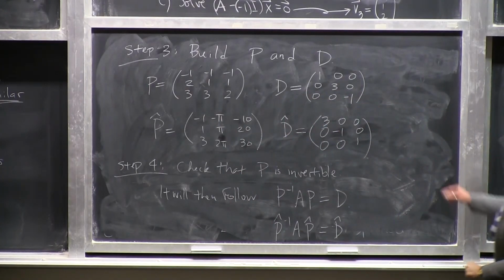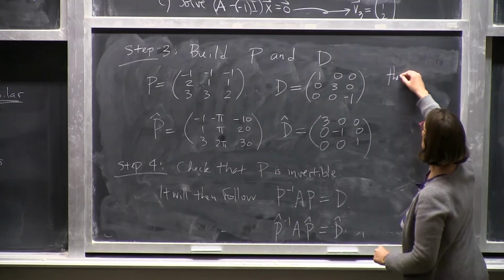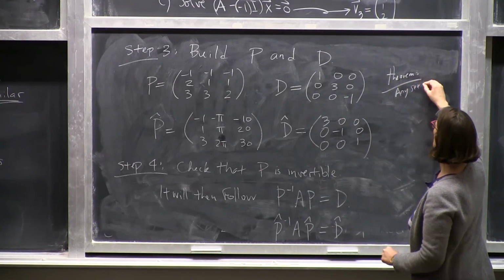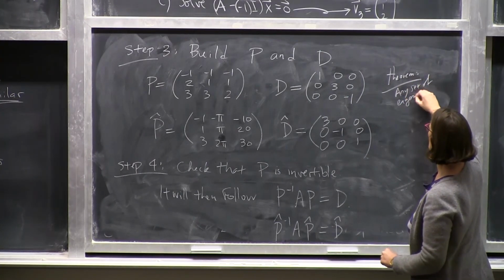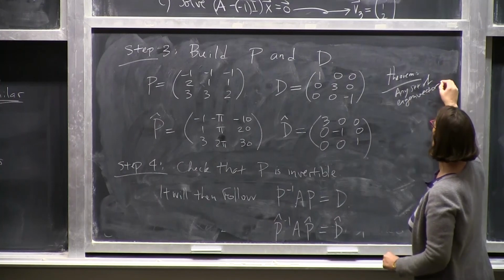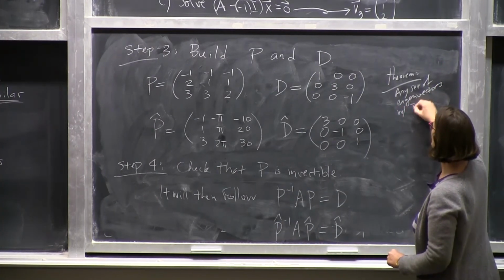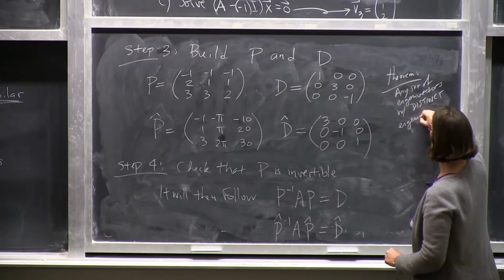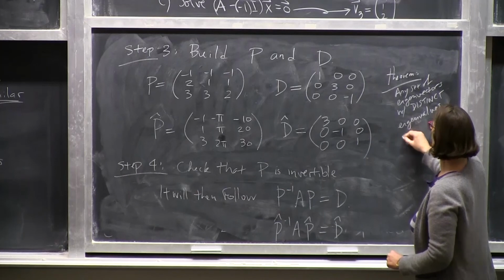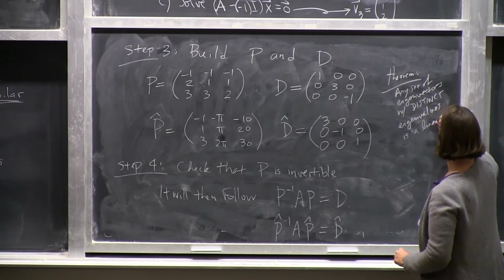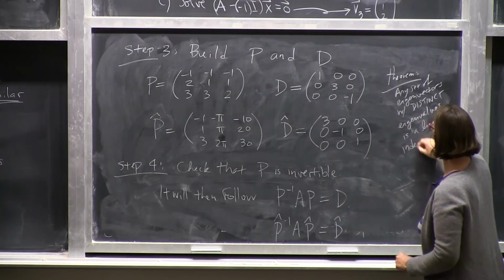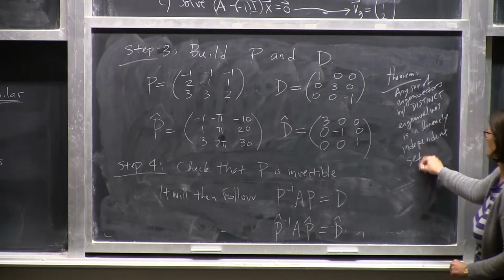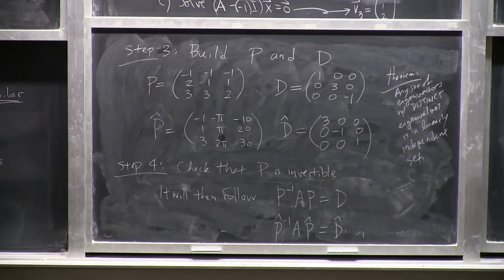To save us, there's actually a theorem which says any set of eigenvectors with distinct eigenvalues is a linearly independent set. And I'll try to prove this theorem by the end of class, but I can't promise I will.